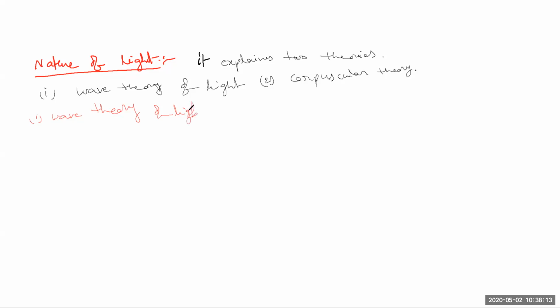Next, the wave theory of light we are going to discuss. What is the wave theory? It was proposed by Huygens. According to Huygens, light and other forms of radiant energies propagate through space in the form of waves. So what are the waves?